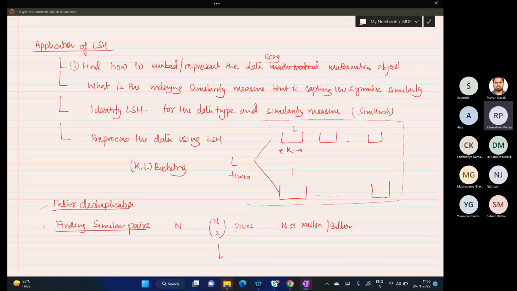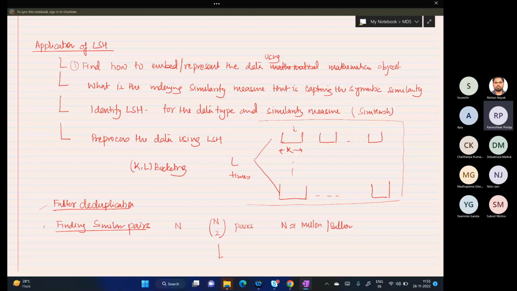For that, different representation algorithms, like doc2vec or sentence2vec, can be used. TF-IDF is one way to represent text as a vector, and autoencoders too; there are a number of ways.